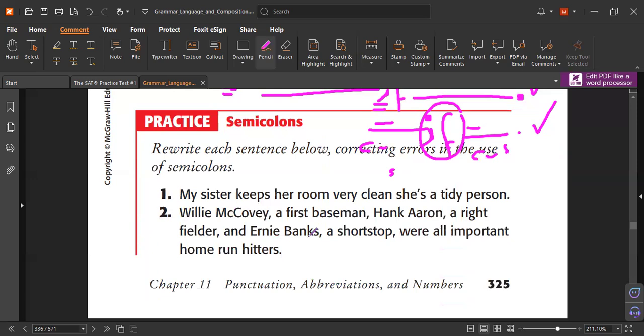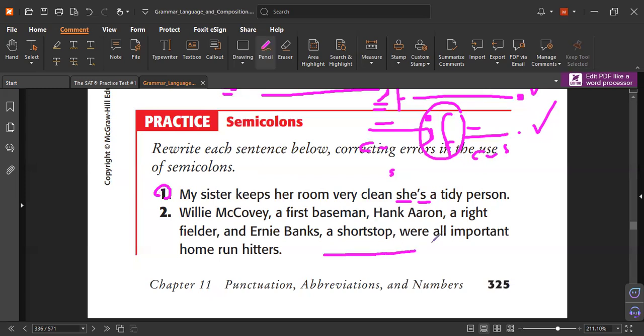Now let's try together. Rewrite, correcting errors in the use of semicolons. Where can we use a semicolon here? Room very clean. After clean. After the word clean, sure, because you start a new sentence. This sentence reminds us of a common mistake.